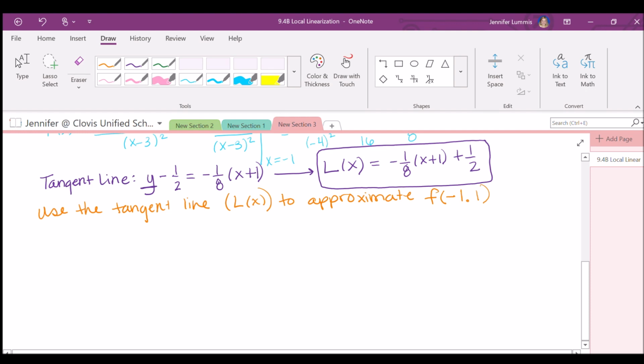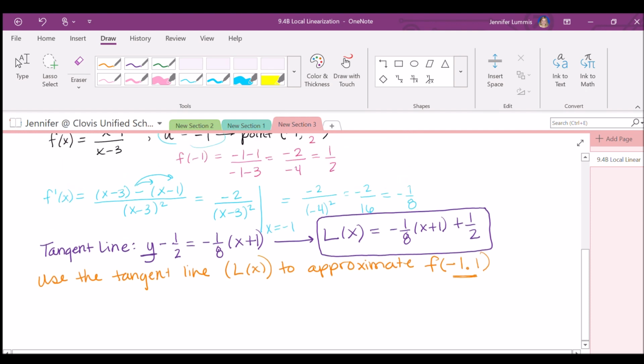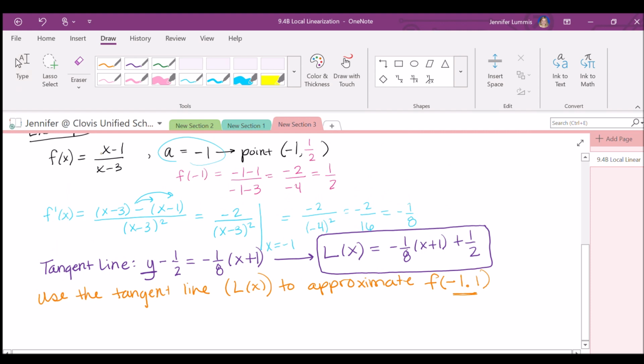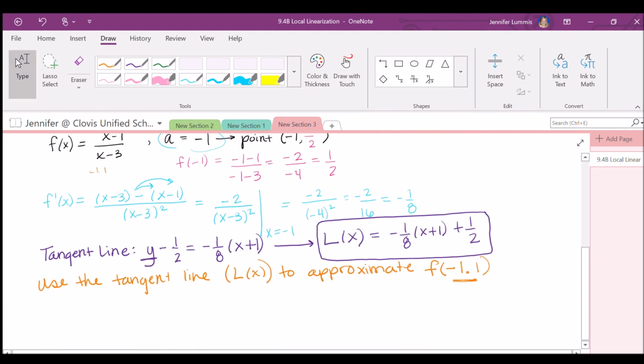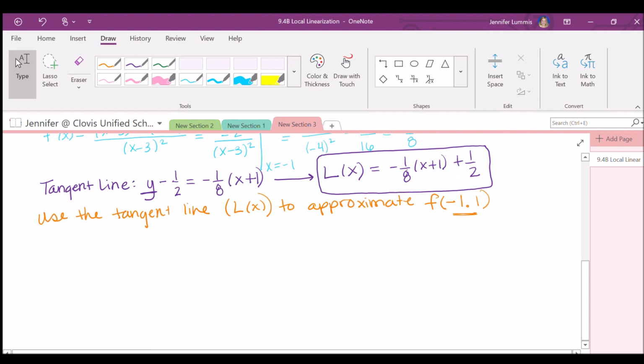All right, so you can see if I had to plug negative 1.1 into function f, I'd have to do negative 1.1 minus 1, negative 1.1 minus 3, and then try to simplify that and see what I get. And so that sounds a little bit messy. So what I know from my graph here is that my function's value and my tangent line's value, they're very, very close. So the tangent line will just be easier to work with.